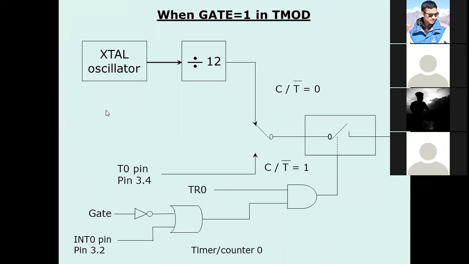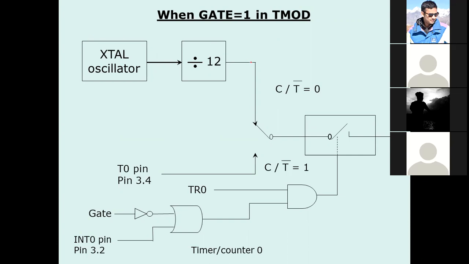At first, see in the PPT that there is a crystal oscillator, and we can remember that each period is defined by the crystal oscillator frequency divided by 12.